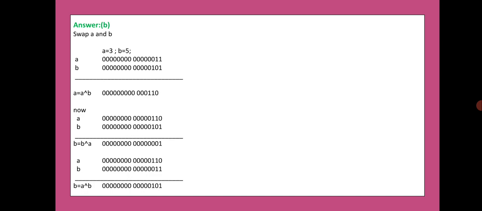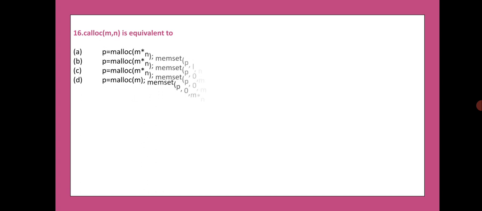Okay, let's move on to the next question. calloc(m, n) is equivalent to what? We already discussed this in dynamic memory allocation.